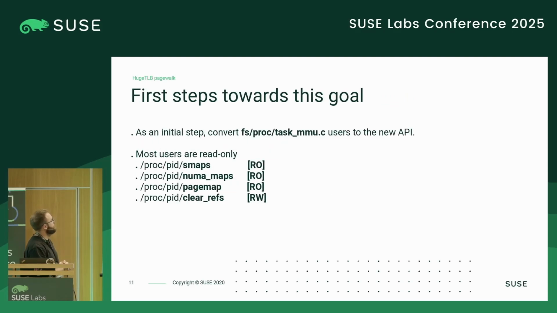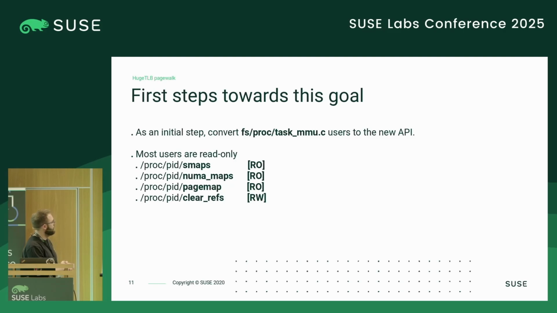So at this LSFMM, I presented this, and the feedback was that the initial step will be to convert the users from task_mmu, because those are mainly read-only users. That is maps, NUMA maps, and pagemap.